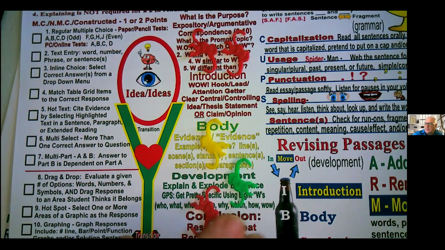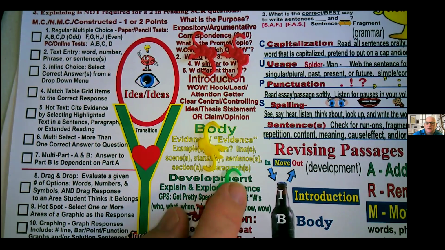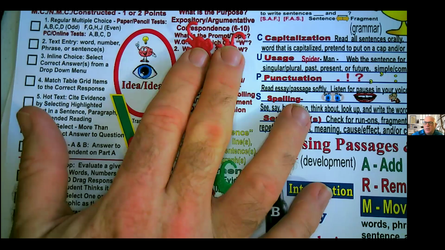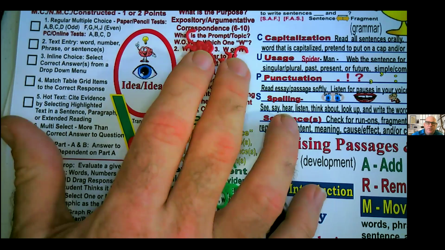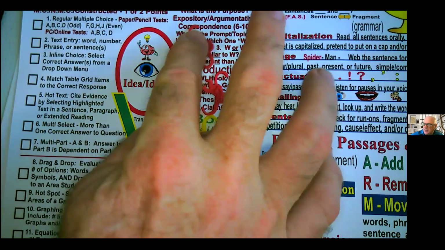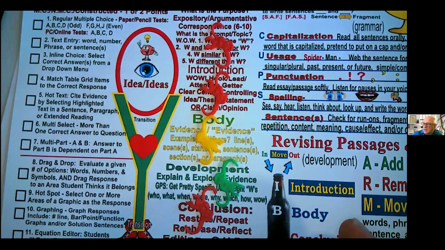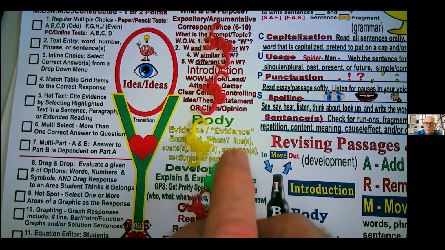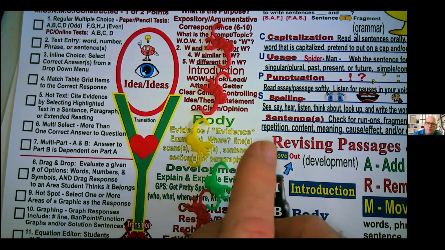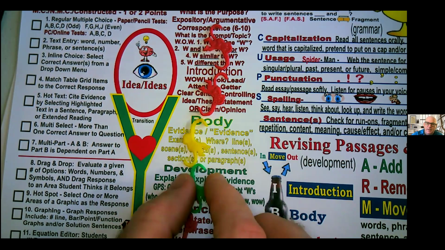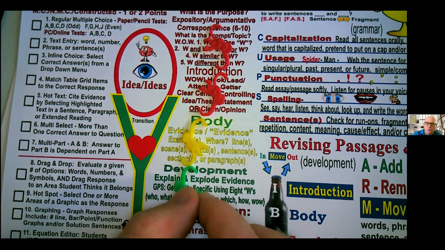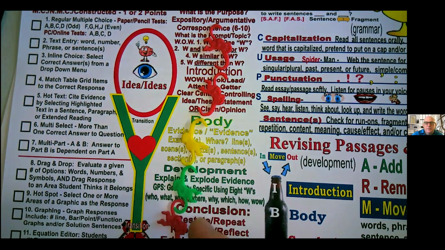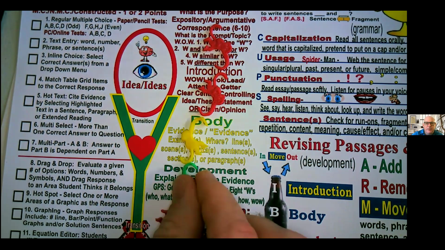But if you want to get a 2 or a 3, then you probably want to be able to say, okay, I'm going to make sure my topic and my idea are addressed, and I might have another sentence that's the hook. I might use 1 to 4 pieces of evidence, depending on what they're asking me. So I might have 4 yellow monkeys. I might explain with 2, 3, 4, or 5 sentences, depending on my ability and my grade level.